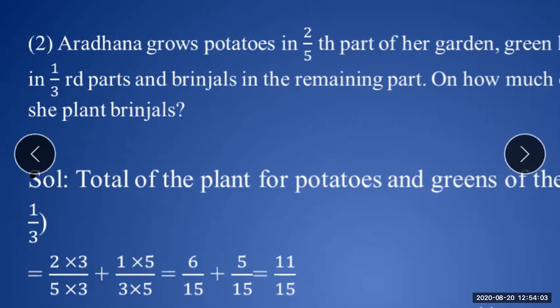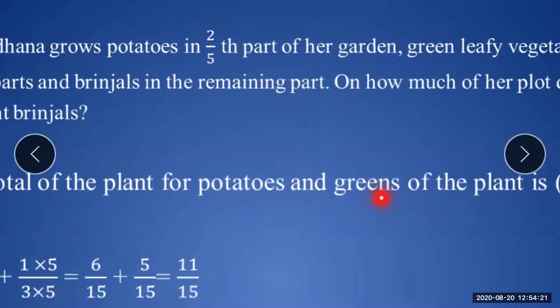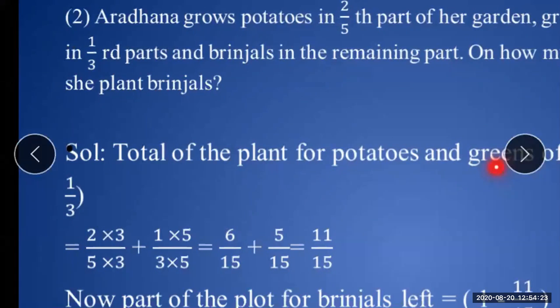In the remaining part. Now here if you heard the sentence, remaining means it is a sum of subtraction. Now here first was addition and the second is what? It is the sum of subtraction, क्योंकि उसने remaining part में क्या grow किया? Brinjal. On how much of her plot did she plant brinjal?